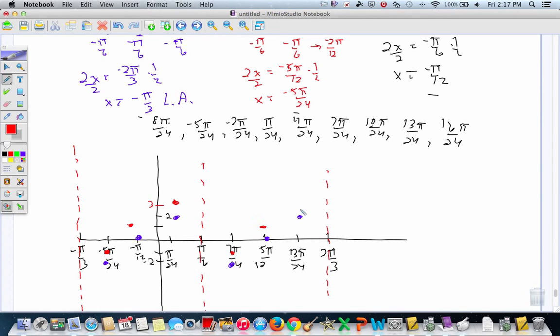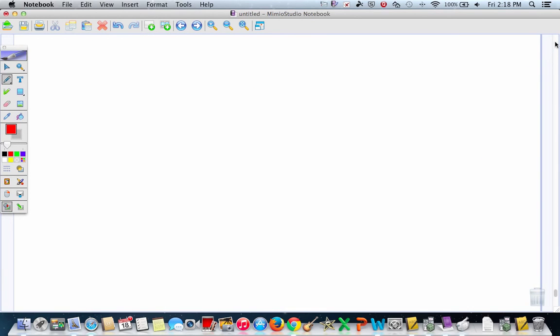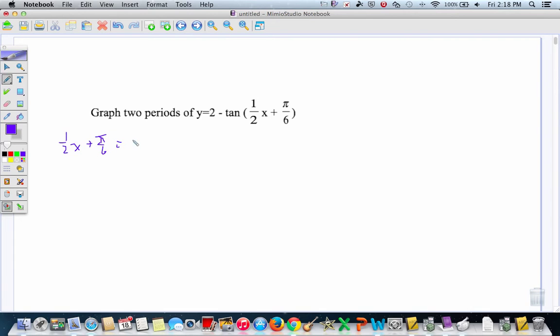So instead of being at negative 2, we'll be at negative 1, and I'll just mark 3 on here so we can go up 1, and up 1. We're actually going to connect those points for our graph of y equals 1 plus tangent of 2 times x plus pi over 6. And there we go. I guess we've got one more here.